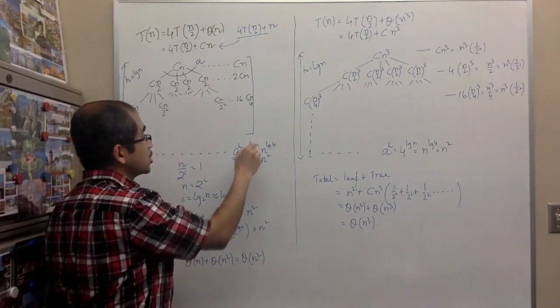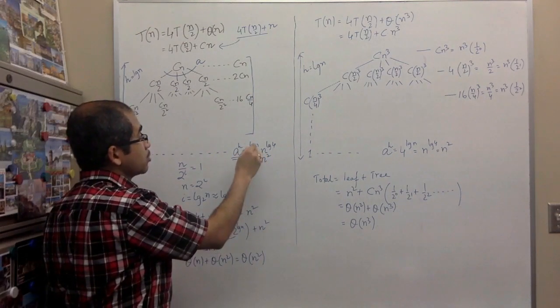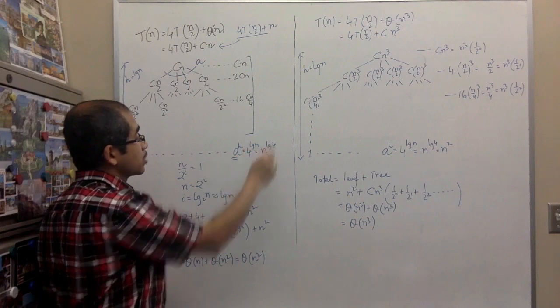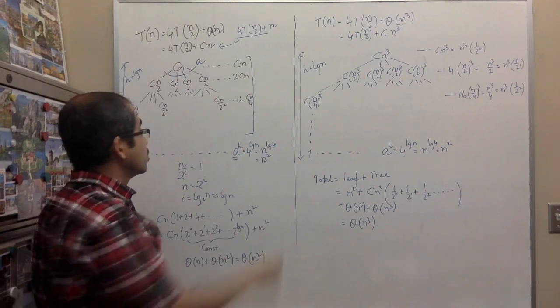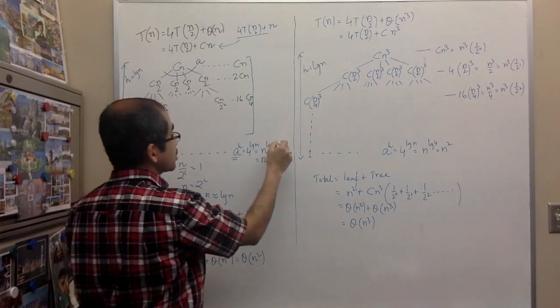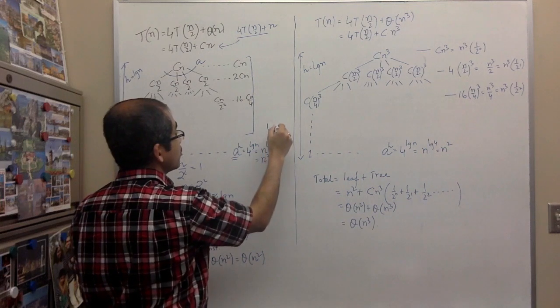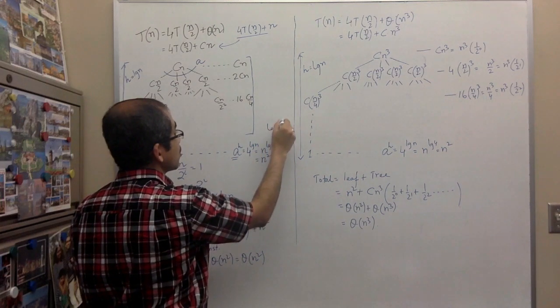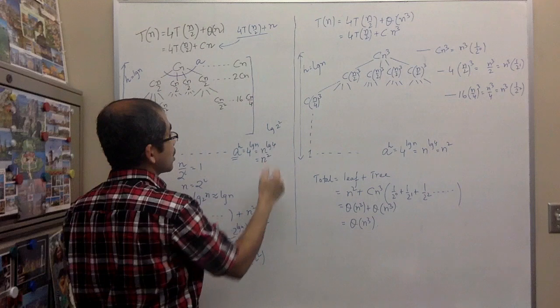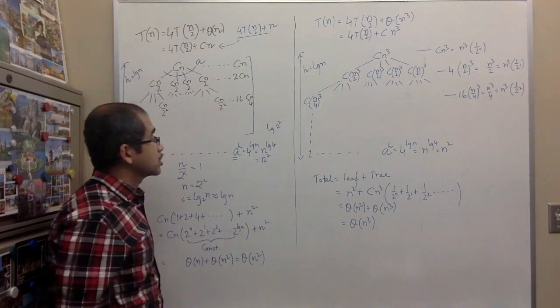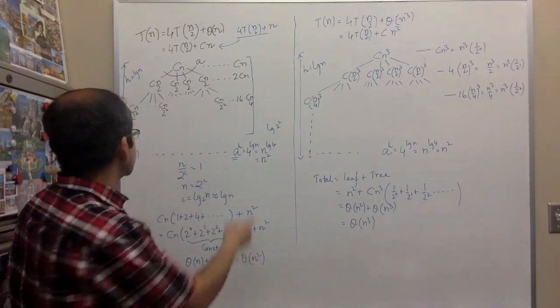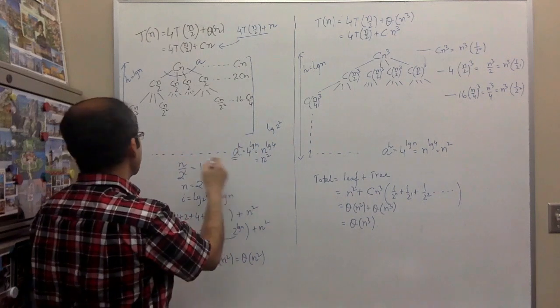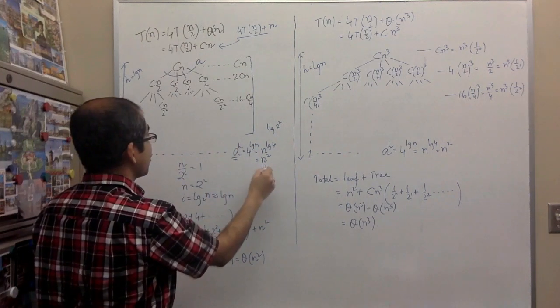By the base change of logarithm formula, n will come here and 4 will go there, n^(log 4), which is log 4 = log 2 squared. So this 2 will come down, and this is n squared. So the cost of the leaf level is theta of n squared.